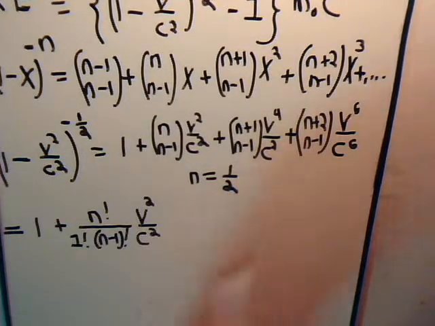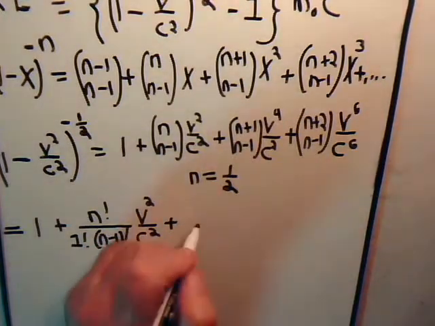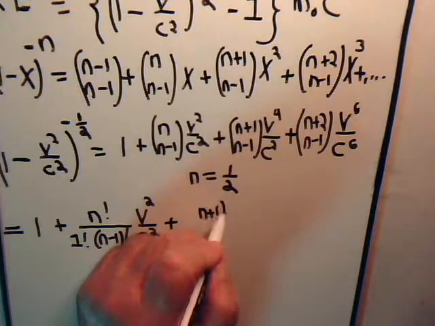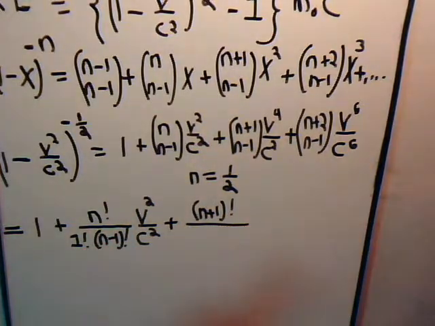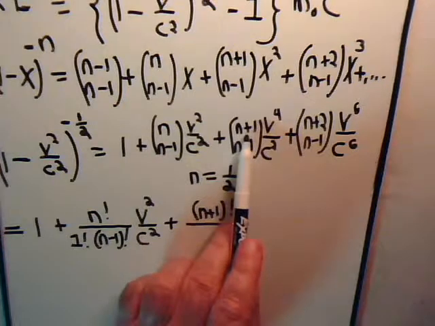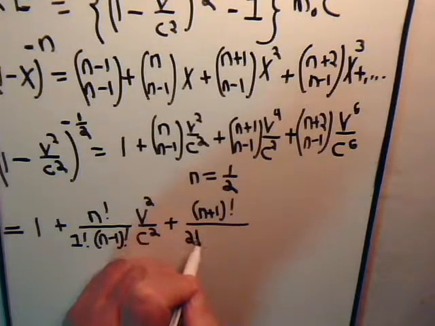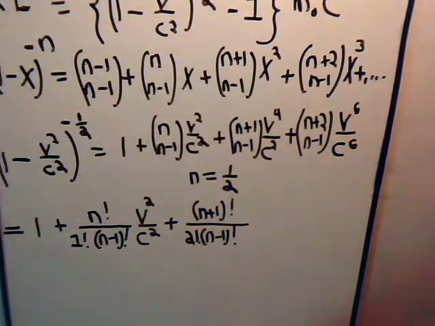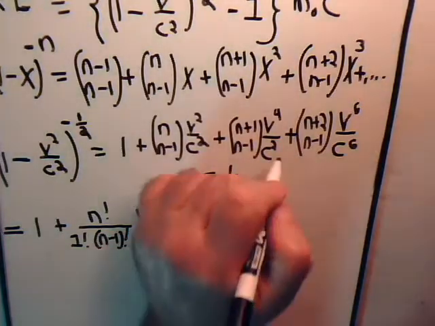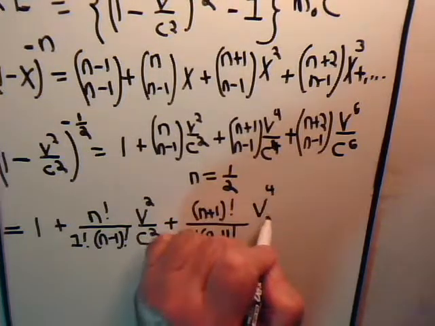The next term is plus n plus 1 factorial divided by, now we have this minus this, so we have 1 minus negative 1, that would be 2 factorial, times just this, n minus 1 factorial, and that is times v to the 4th divided by c to the 4th.